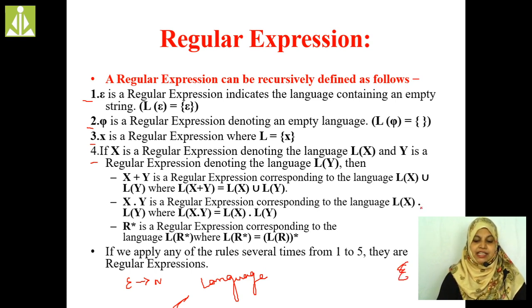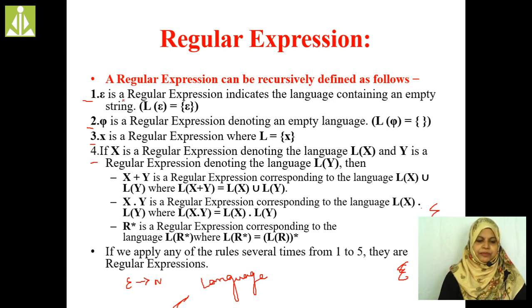See here, this is sigma, this is epsilon. Sigma is the input symbols, whereas epsilon is the empty string. Remember this: what is the difference between epsilon and sigma? Epsilon is the empty string, whereas sigma is the input symbols, right?